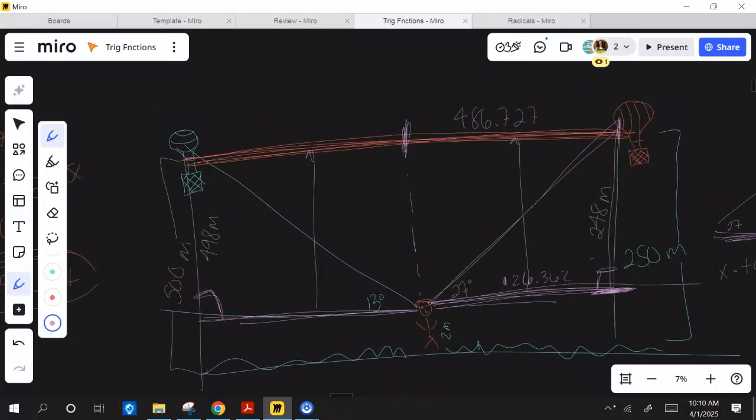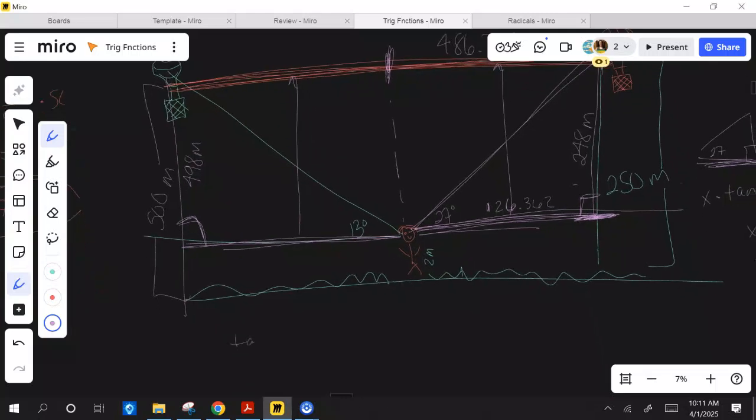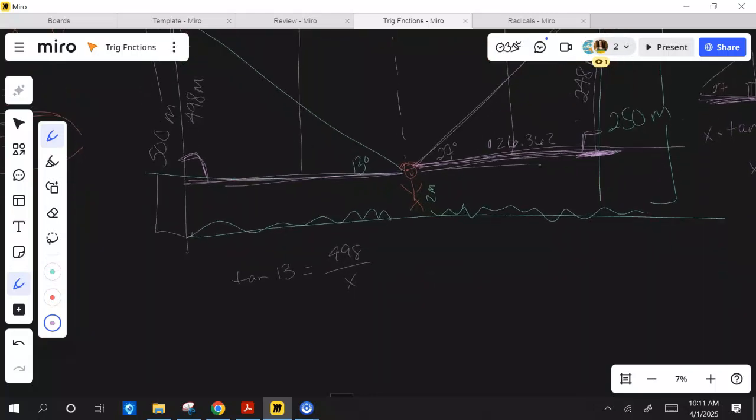Now, this side, same thing, I'm going to use tangent. So tangent 13 equals 498 over the variable. Same song and dance: multiply by x on both sides, tangent 13 equals 498, and now divide by tan 13.